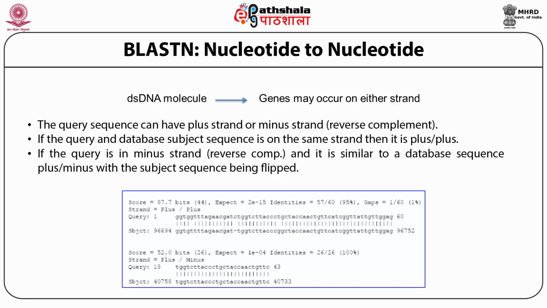If the query sequence and the database subject sequence are on the same strand, then it is called plus sequence alignment. If the query sequence is on the minus strand, that is reverse complement, and it is similar to the database, it will search for a database sequence which has plus or minus, that means forward or reverse, with the subject sequence, then the sequence will be flipped, then the alignment will be done for the BLASTN database.